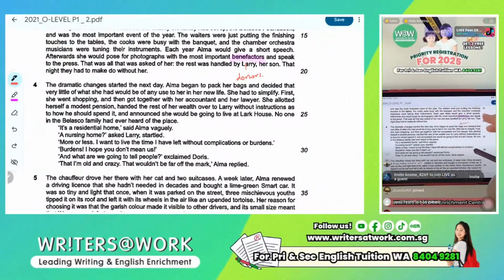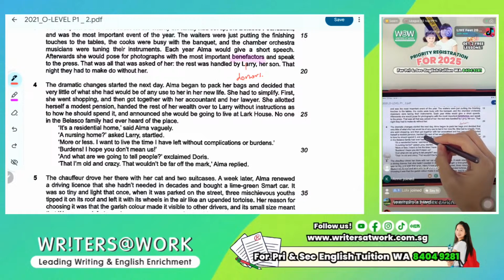Now moving on, you can see the way that Alma behaved. This paragraph is very straight to the point, showing how her behavior was drastically changed.